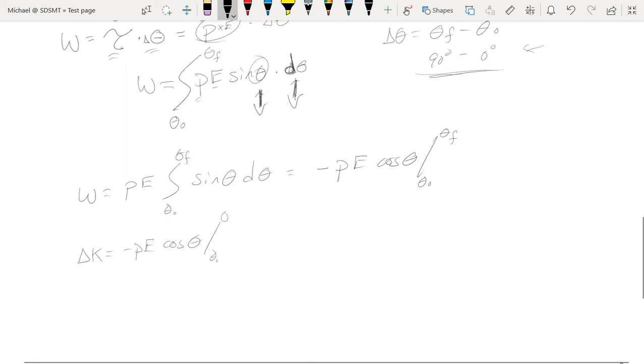Theta not, theta final. Or if we want the change in the potential energy, remember that change in potential energy was equal to minus the change in kinetic energy, so we're going to lose that minus sign.